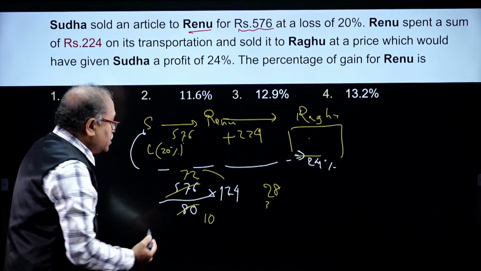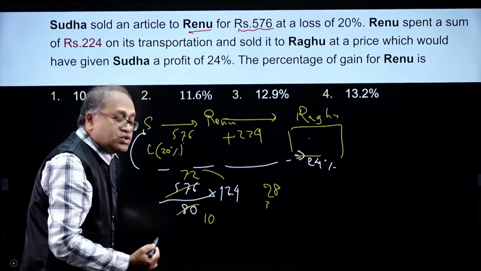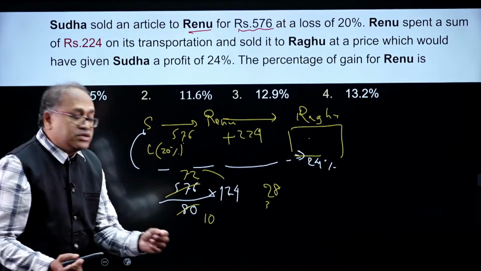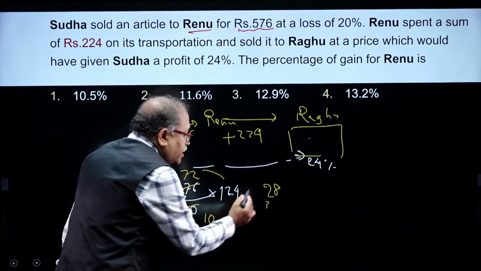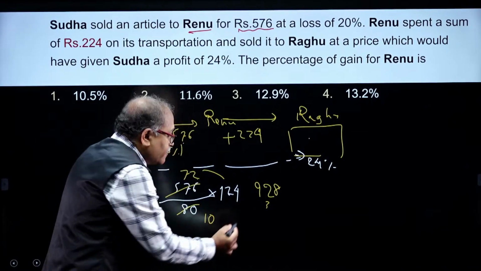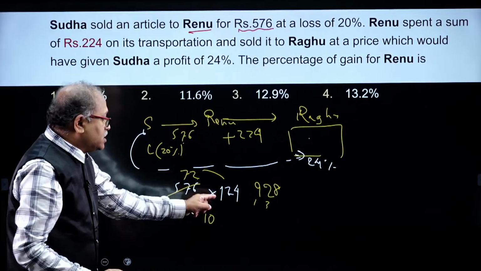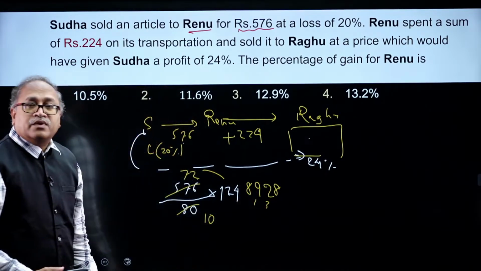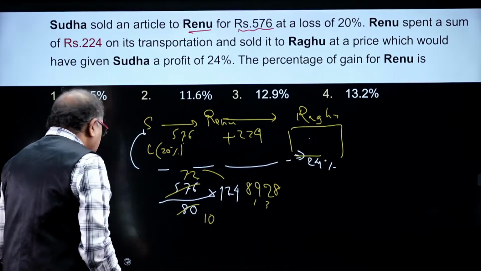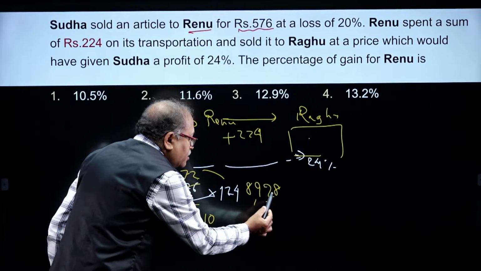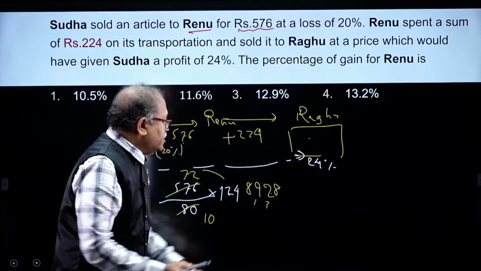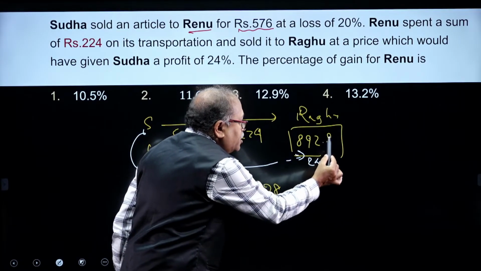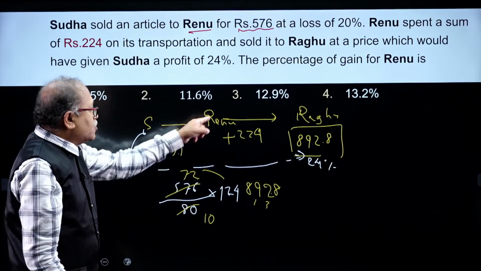Now 2 into 1 is 2 plus 7 into 2 is 14, 14 plus 2 is 16 plus 3 is 19, carry 1. The 7 is left, 7 plus 1 is 8, and as 0 is there, I will get the decimal here. This is the price: 892.8.